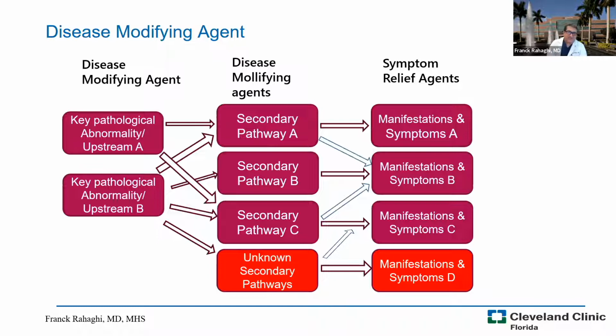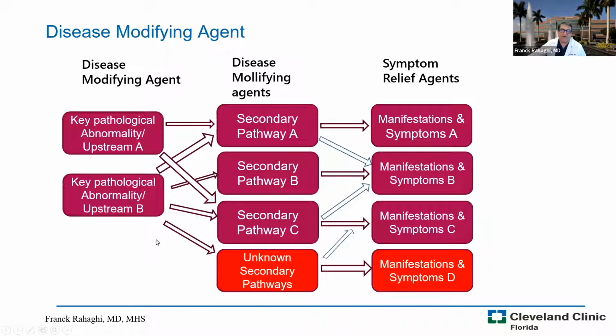And so what is disease modifying, and this is on the other end, where they address a key pathological abnormality that is so upstream and so important that it results in beneficial effects in secondary pathways, at least two or more, multiple ones. So then directly these pathological abnormalities being addressed results in improvement of symptoms.